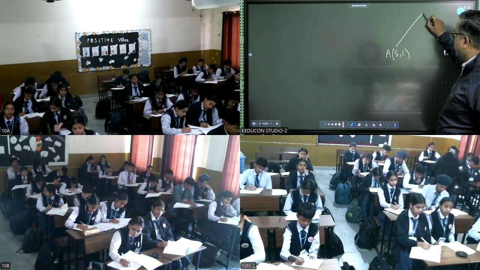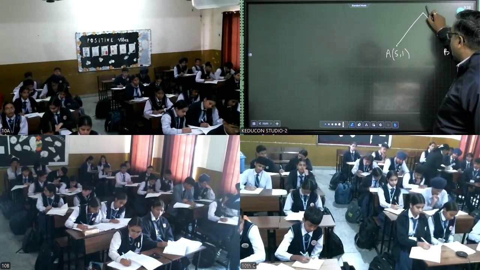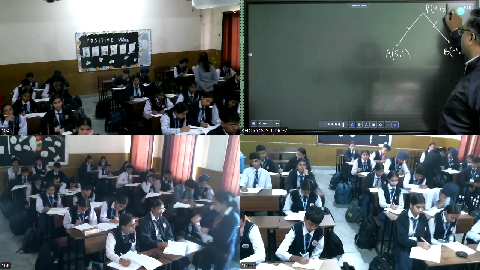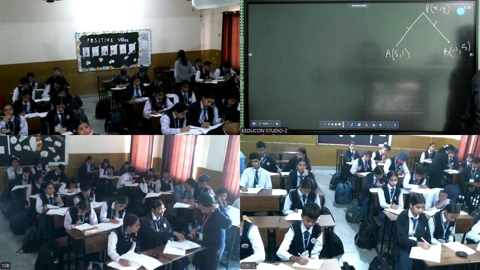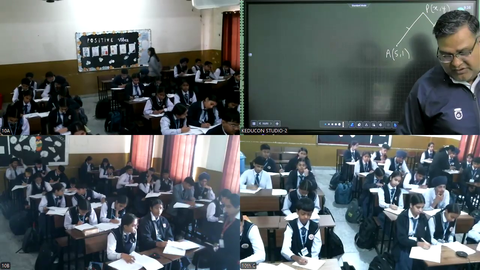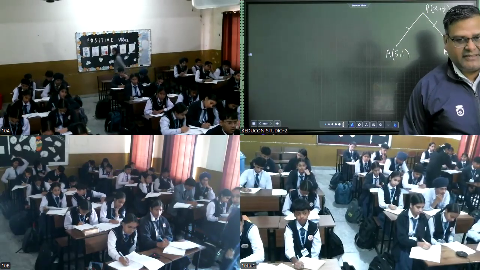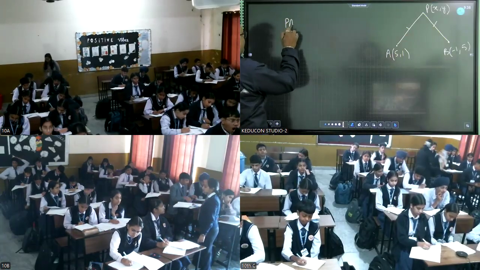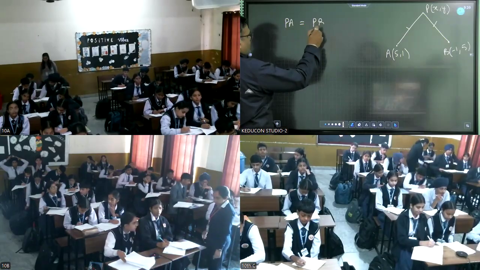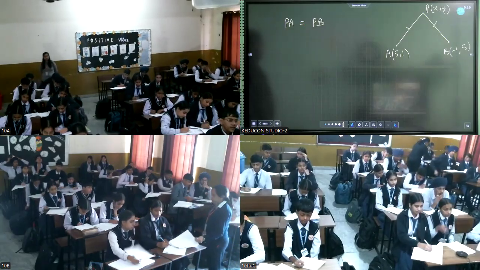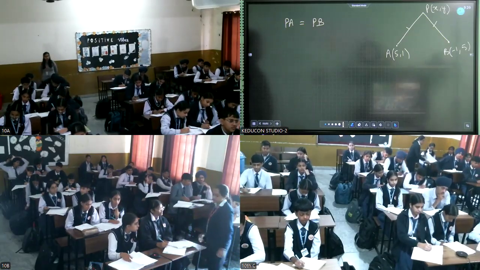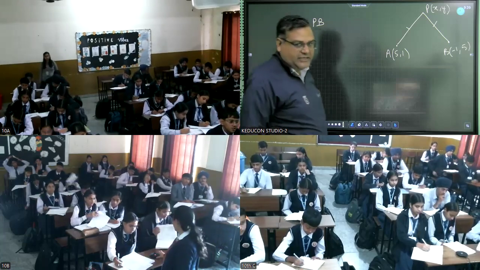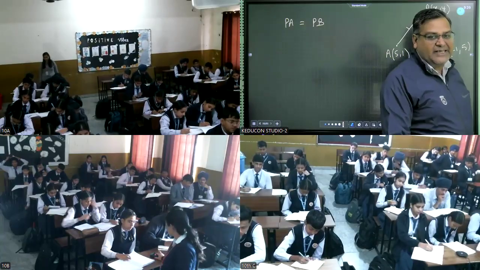There is a point P which is equidistant from these 2 points, and the coordinates of P are x comma y, right? What is the meaning of equidistance? The meaning of equidistance is PA equal to PB. Is this clear, children? So please apply this distance formula and solve this and develop the relation between x and y.